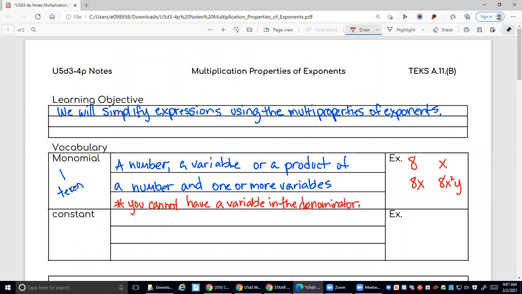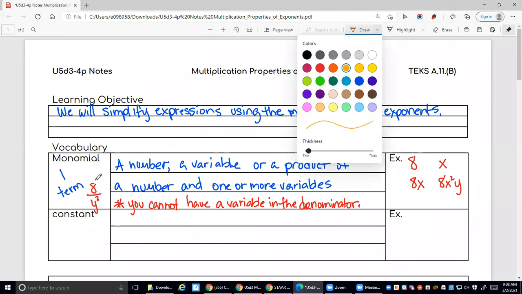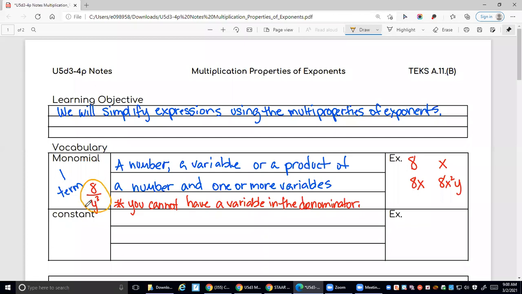Okay. And so, for example, my counter example would be something like 8 over y to the third power, right? You cannot have that variable of y in the denominator at all, ever.